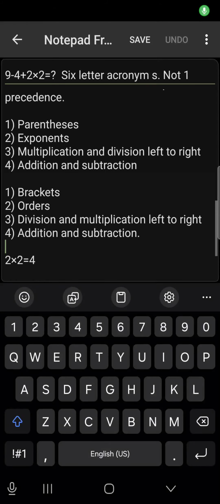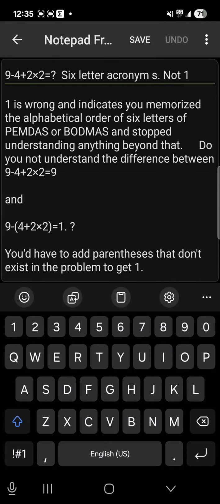We have the people who are getting 1 as an answer, and I've seen people argue this one because they're convinced that PEMDAS and BODMAS are 6-step checklists, which has never been true. 1's wrong, and it indicates that you memorized the alphabetical order of 6 letters, either of PEMDAS or BODMAS, or maybe BIDMAS or BEDMAS. Doesn't really matter.